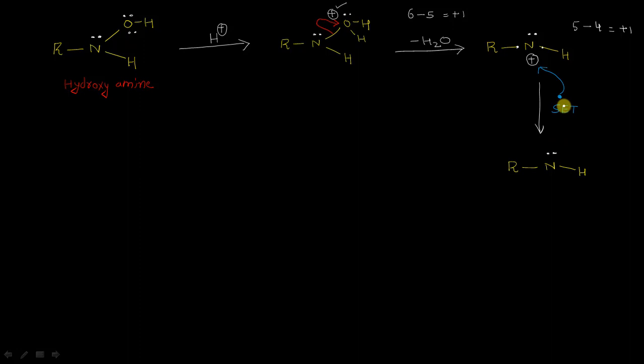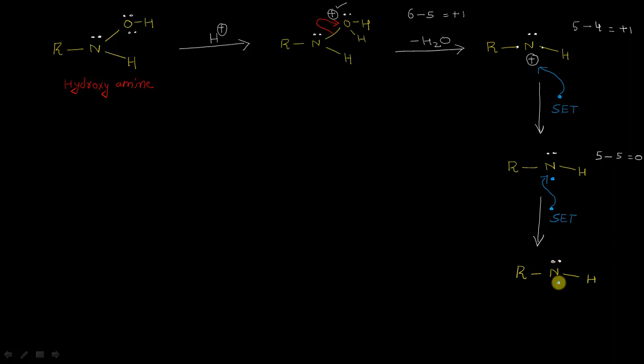When the single electron goes to this nitrogen atom, the situation will be something like this. And this will now have a 0 formal charge because the number of valence electrons in the free atom is 5, minus in the bonded atom 1, 2, 3, 4 and 5 here, means 5 minus 5 equals 0. Finally, the last single electron transfer mechanism will operate, and this single electron will be transferred once again to this nitrogen atom, resulting in the generation of R single bond NH here, the first lone pair.